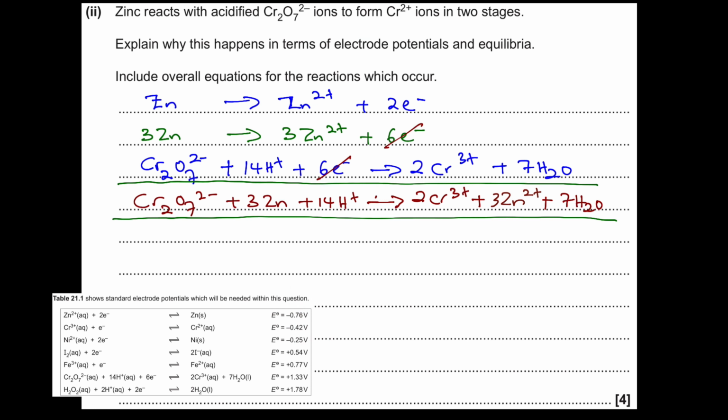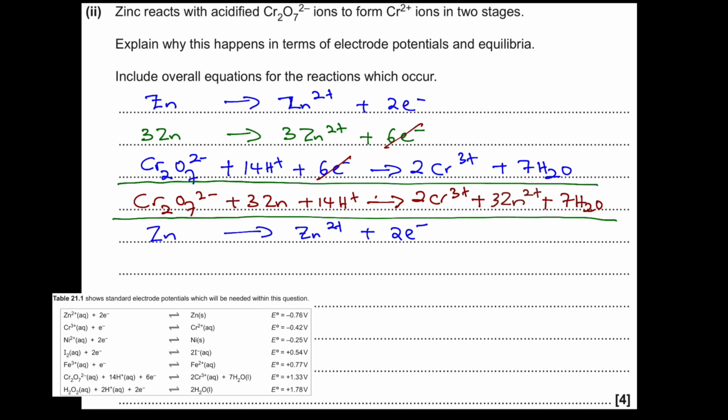But how many electrons does chromium ion need to gain to become Cr2+? It needs just 1 electron, but zinc is going to release 2 electrons, so we need to multiply that by 2 because the number of electrons has to balance out. Write the electron release first by zinc going to Zn2+ plus 2 electrons.